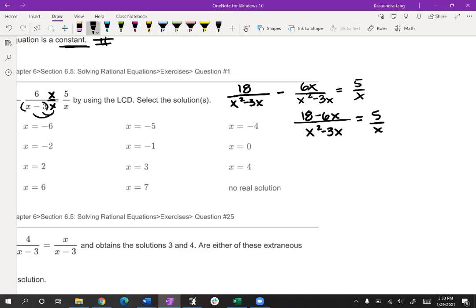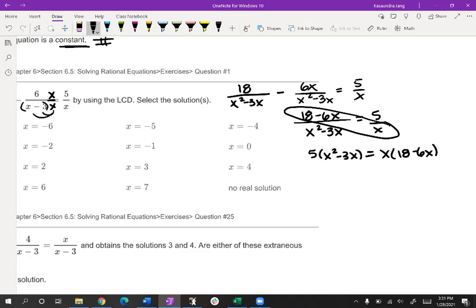All right, so step number 1, get one fraction equal to one fraction. So check, got that one. Then I've got to cross multiply. So let's see here. Okay, 5 times the entire x squared minus 3x, which equals, let's look at this guy. This is a x times the entire 18 minus 6x.